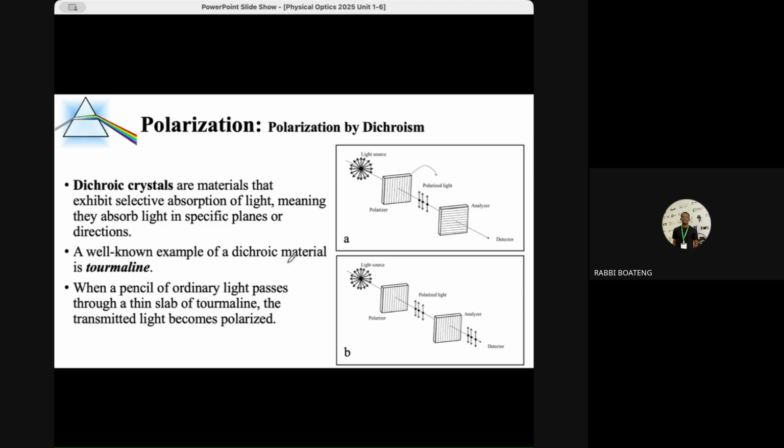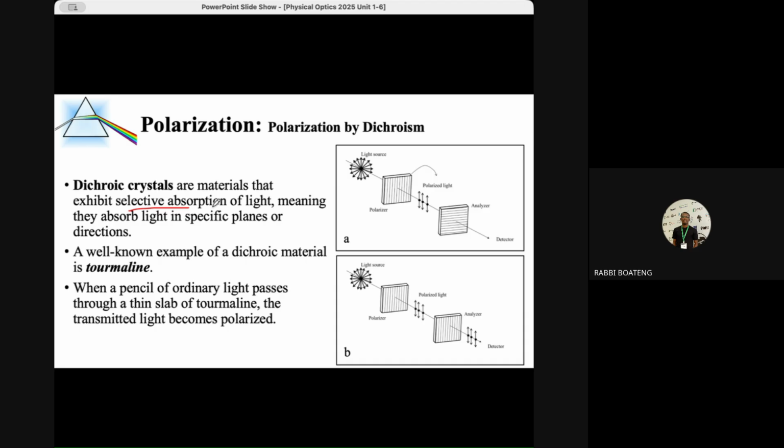It is a material that exhibits something we call selective absorption, which I've explained to you. I told you that we have absorption, reflectance, scattering and polarization. This one behaves in a situation where the light passes through, some of it is absorbed, and the rest is allowed through, depending on the axis of polarization.